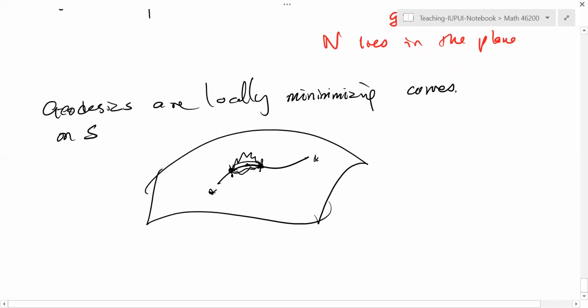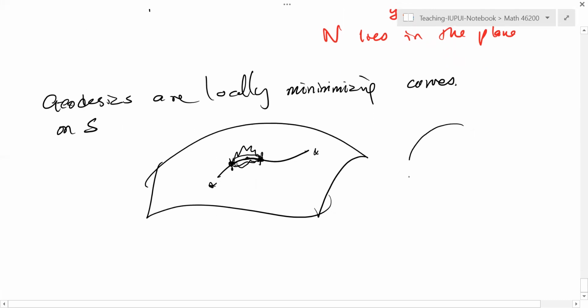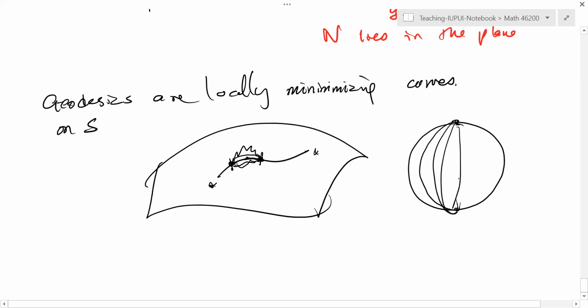minimized curves. For example, the sphere, right? On the sphere, from the north pole to the south pole, there are so many great circles passing through. Okay. All of them are geodesics. So geodesics between two points are not unique.